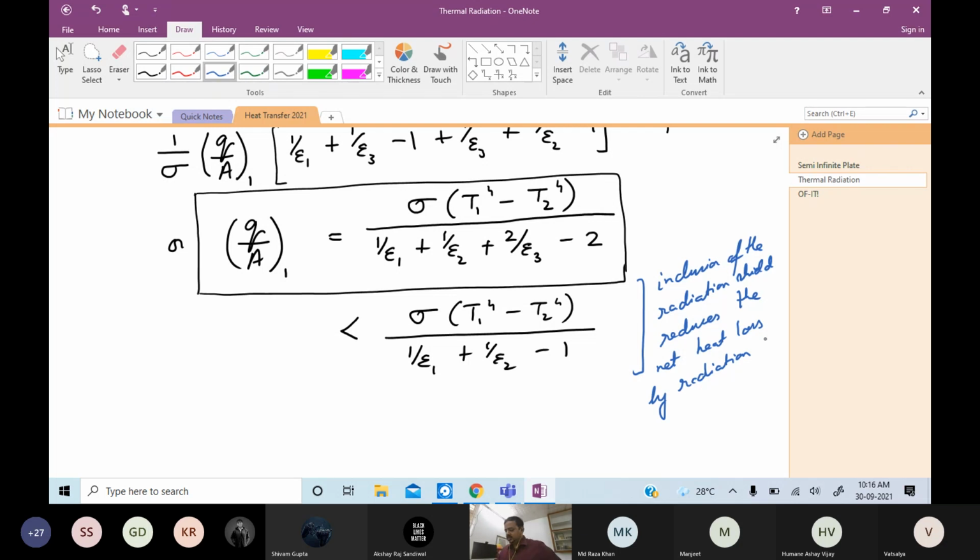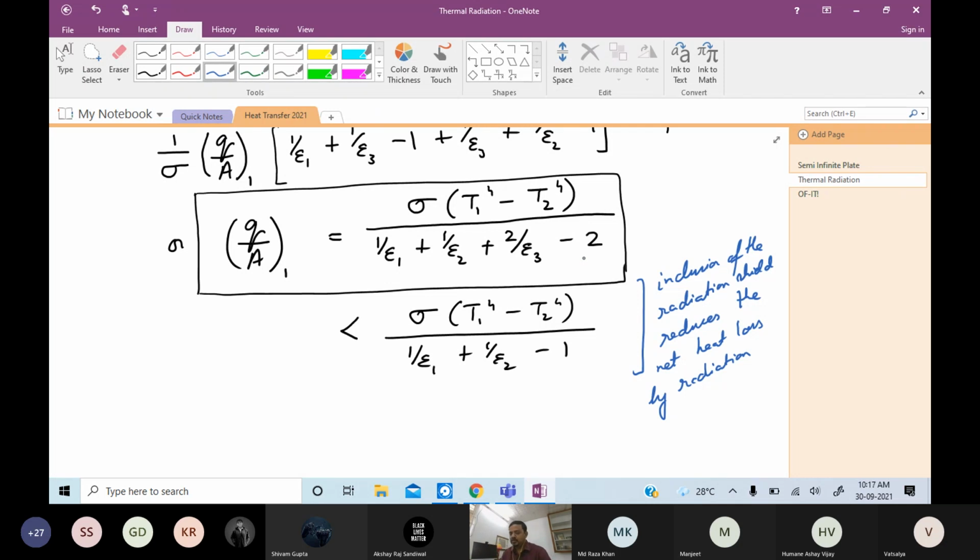Now, if you take a special case, if epsilon 1, epsilon 2, epsilon 3 are all equal, then this becomes 2 by epsilon minus 1, or 4 by epsilon minus 2. You can now keep on putting more number of shields.